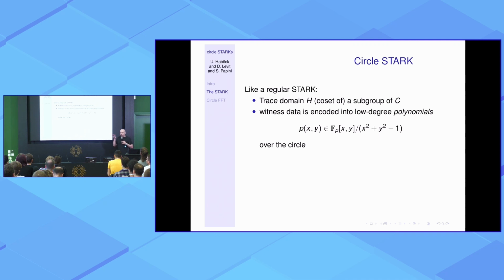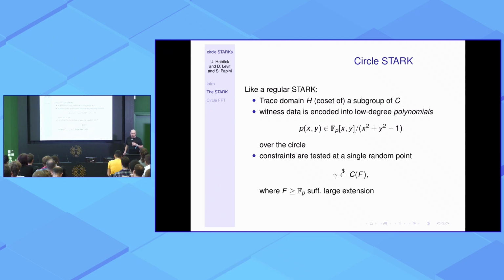Witness data, which is placed on the trace domain, is encoded into polynomials again, and that's a nice feature of the circle group versus the elliptic curve FFT. So you get still bivariate polynomials, but at least polynomials. And you can argue Schwarz-Zippel like the usual concept.